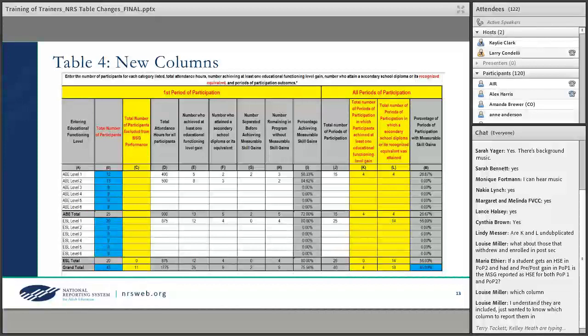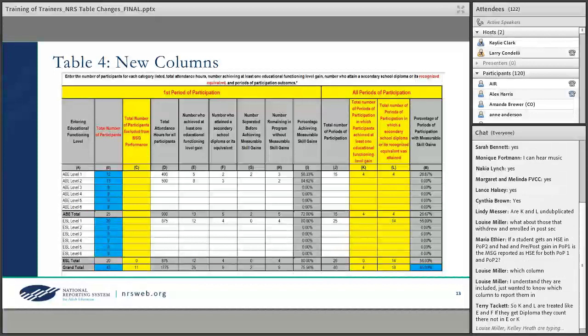Where he says if a student gets an HSE in POP2 and had a pre-post gain in POP1, are they reported in both POP1 and POP2? I'm not following your question. If a student gets an HSE in POP2 and had a pre-post gain in POP1, then it's reported in both.